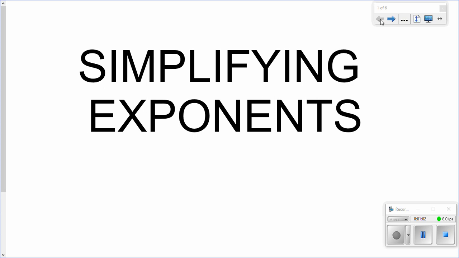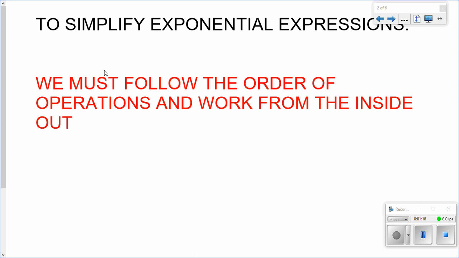So you need to lay it out one step at a time. Find a law that you can do right away and get that done, and then rewrite the problem so you can look at it to reassess. Okay, because maybe things have changed and maybe new options are open to you. Now, to simplify exponential expressions, which are basically things with exponents, there's not a super specific order you have to follow, so a lot of you could have different work going on but still get the same answer.